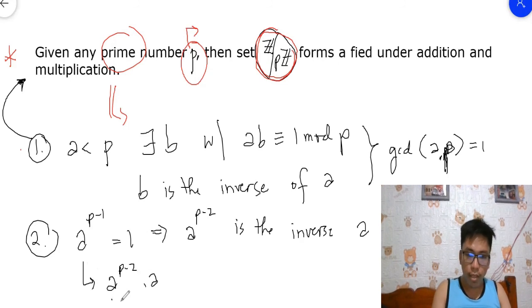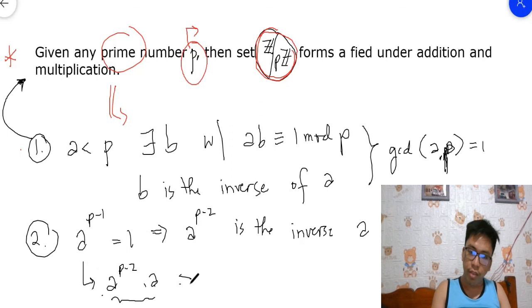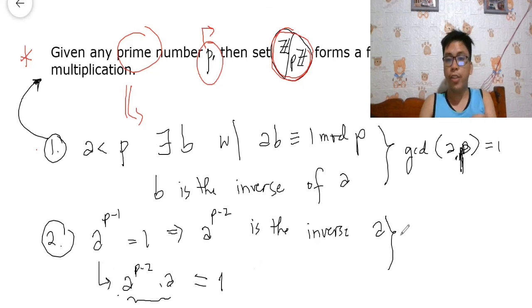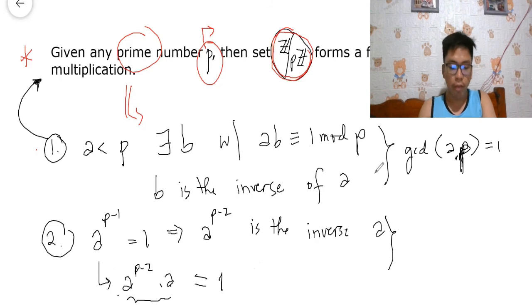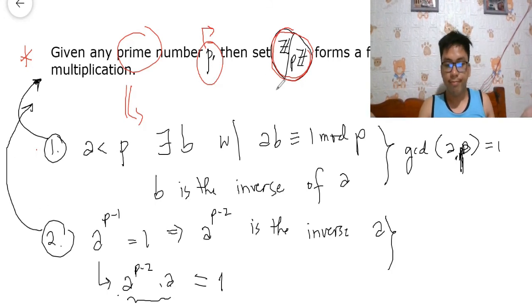So a is the inverse of a to the p minus 2, or a to the p minus 2 is the inverse of a, because the product of these two is 1. This is actually Fermat's little theorem, but don't be confused with Fermat's last theorem. This is Fermat's little theorem, for which we can provide a separate video on my next vlog. But in this case, I'm just showing that these two ways can be used to prove that this claim is actually true. That's it.